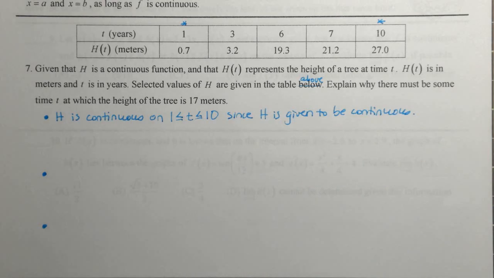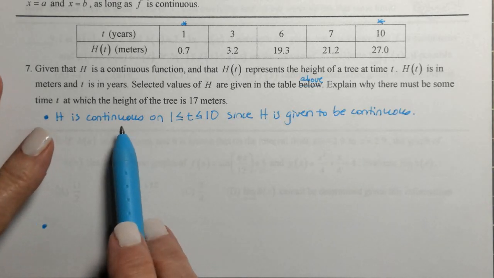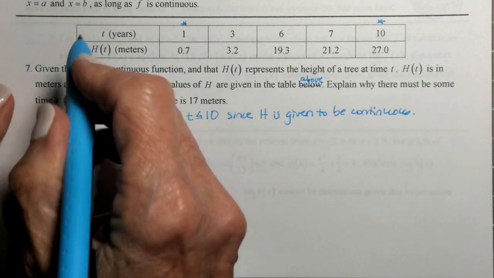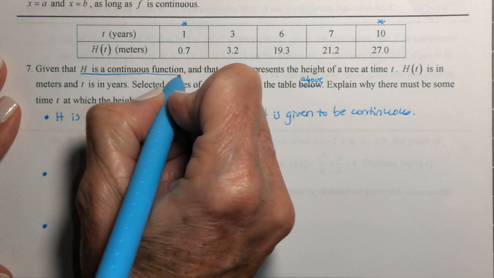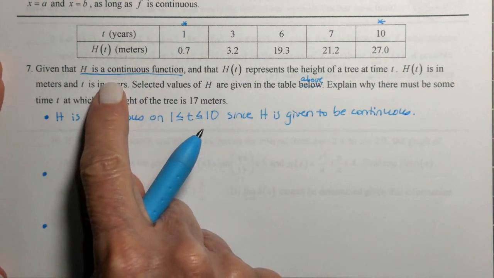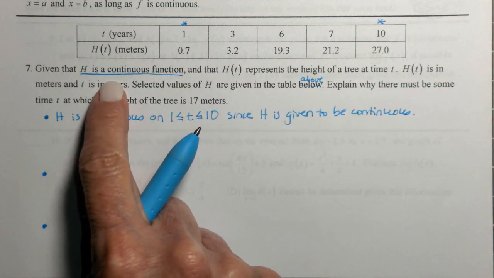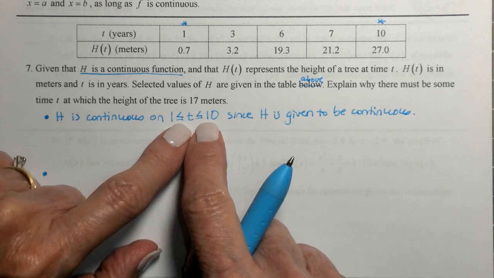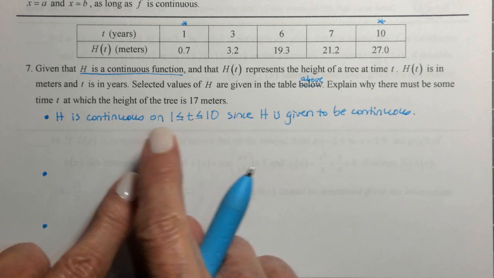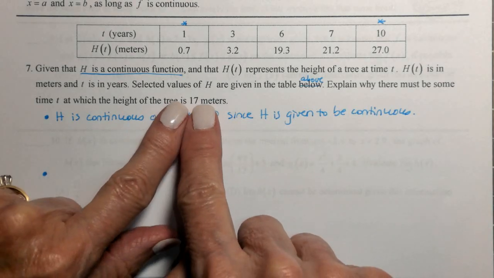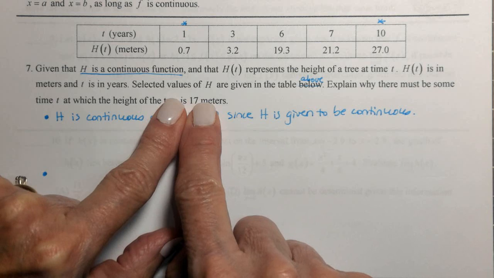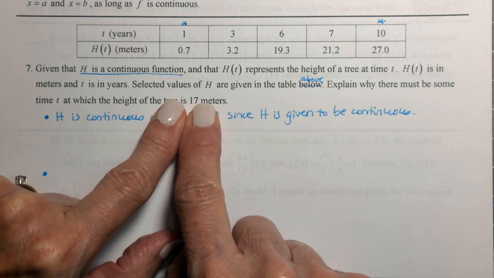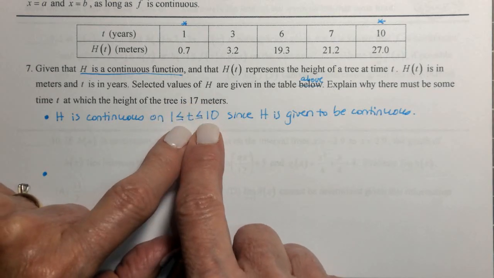Now, before I leave that statement, I know I'm spending a lot of time on this, but I will tell you that since they gave us h is continuous, that means h is continuous everywhere. So did I really need to say on this closed interval? No, I did not. I could have just said h is continuous since h is given to be continuous, because continuous everywhere includes 1 to 10.